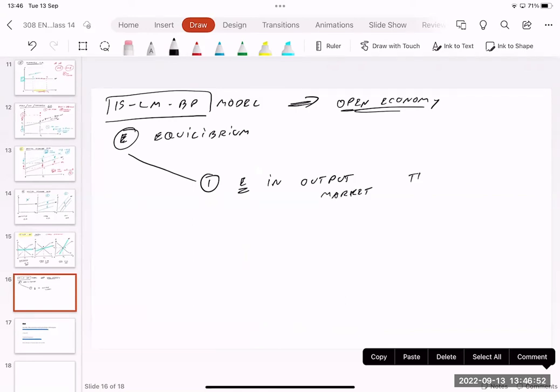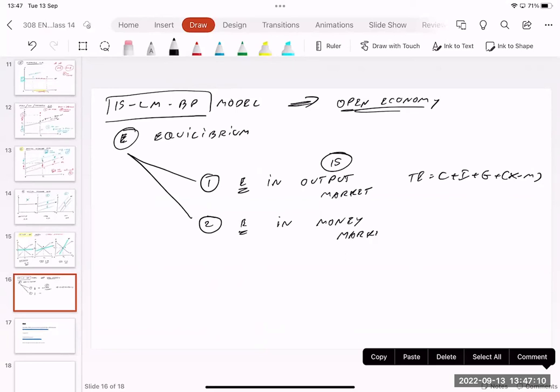Remember that total expenditure equals C plus I plus G plus X minus M. This one is represented by the IS curve, right? And the second represents equilibrium in the money market. Money demand equals money supply.